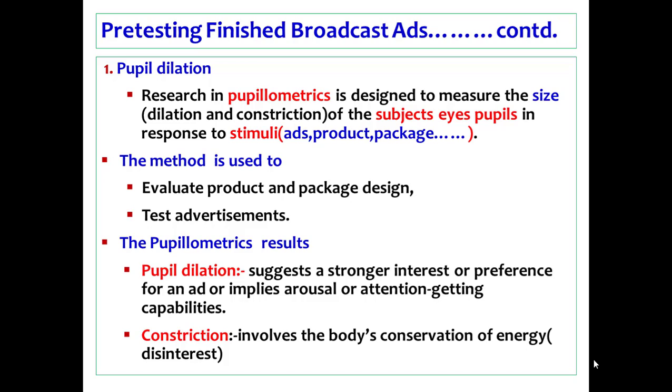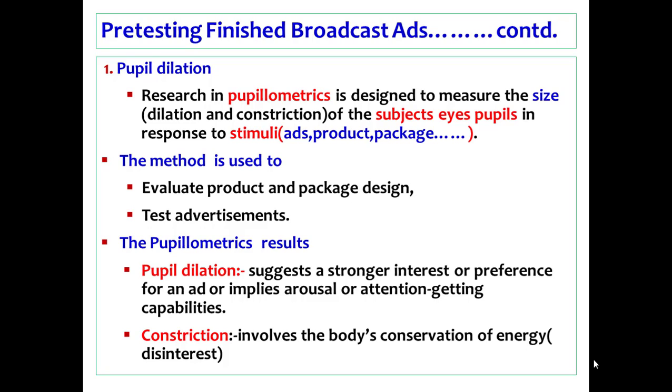In this case, we can come up with 2 results, whether there is a dilation or a contraction. The eyes of the person may dilate or they may constrict. The dilation or constriction of the subjects' pupils after they are exposed to the advertisement tells us whether they are understanding and have a positive evaluation of the advertisement or not.